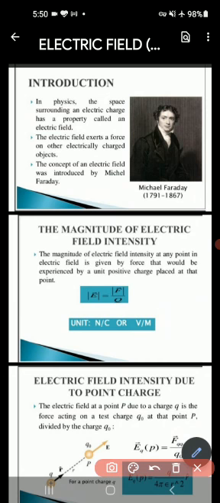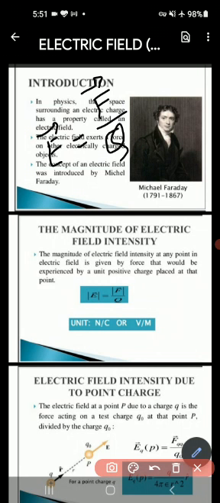Electric field is denoted by E. Electric field is defined as the force per unit charge. Force per unit charge is considered as the electric field or electric field intensity.